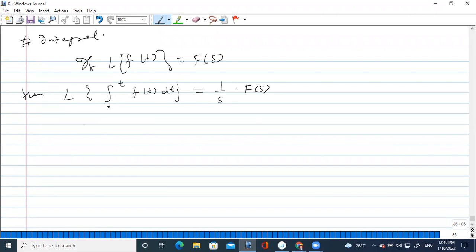Okay. So similarly, suppose this is my question: if f(t) is cos pi t, then find Laplace of integral 0 to t cos pi t dt. So this you have to find.